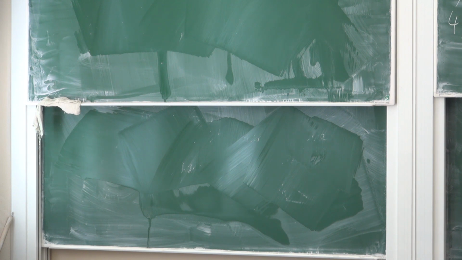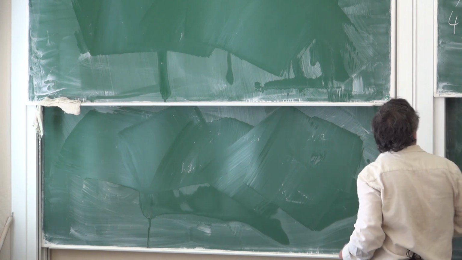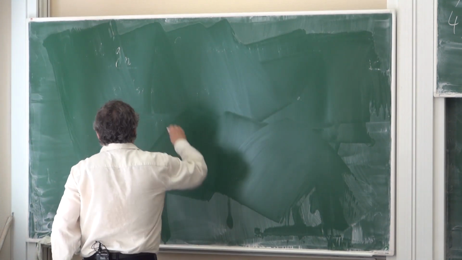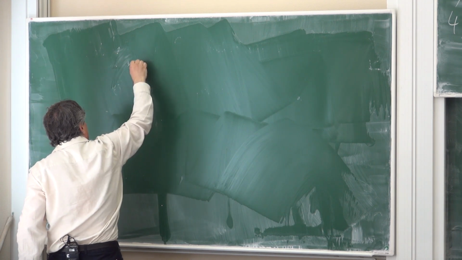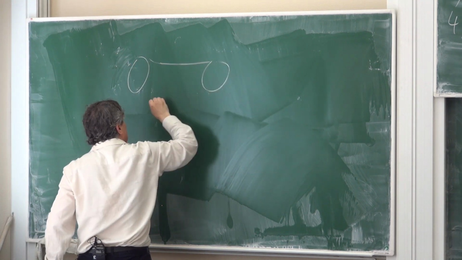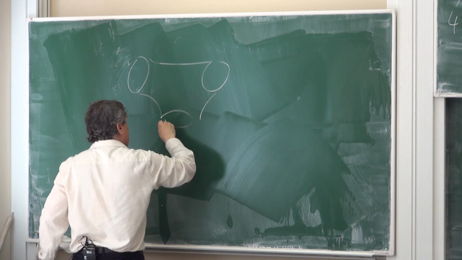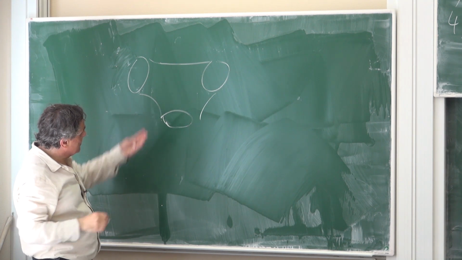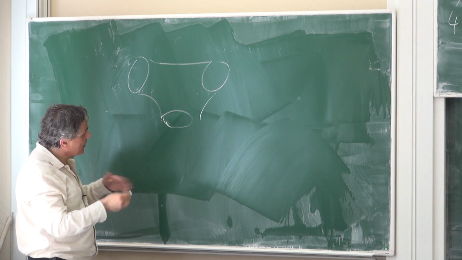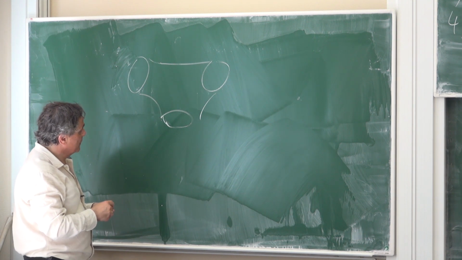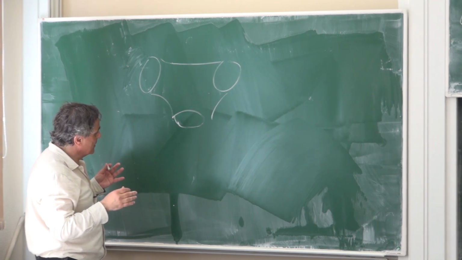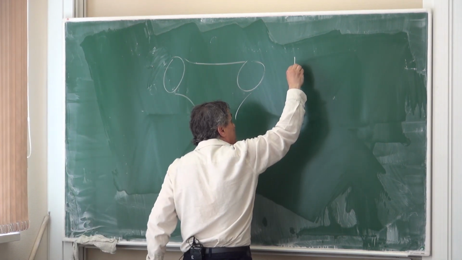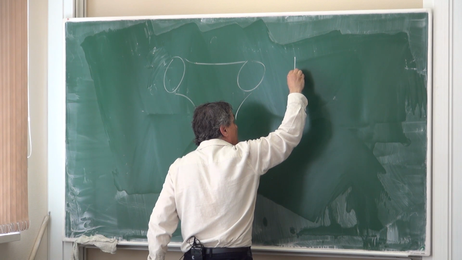But let me tell you what is the main problem with surfaces with boundary. Let's take a simple surface with boundary, a pair of pants. So I'm taking hyperbolic structures with geodesic boundary on this topological pair of pants. You remember we had these 2 versions of Thurston's metric.